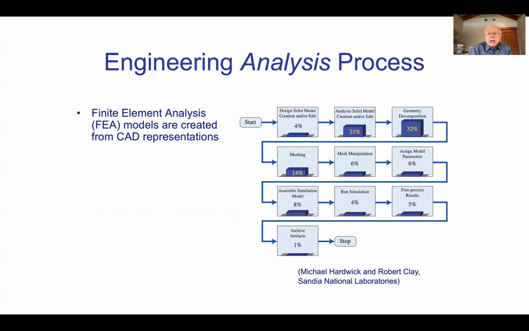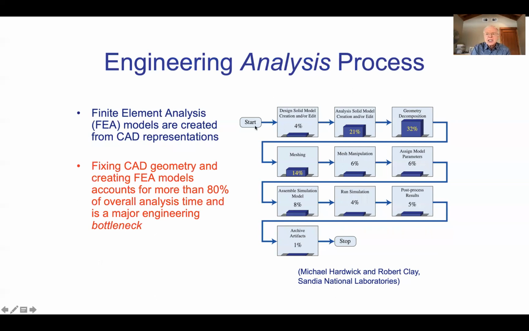So here's just a flowchart of the engineering analysis process. And this summarized a lot of data that was developed at Sandia National Laboratories. And a very famous report was the DART report. And this picture essentially emanates from that. So you're creating your finite element models, your meshes, from CAD representations. And it turns out that the overall process of doing that consumes more than 80% of overall analysis time.